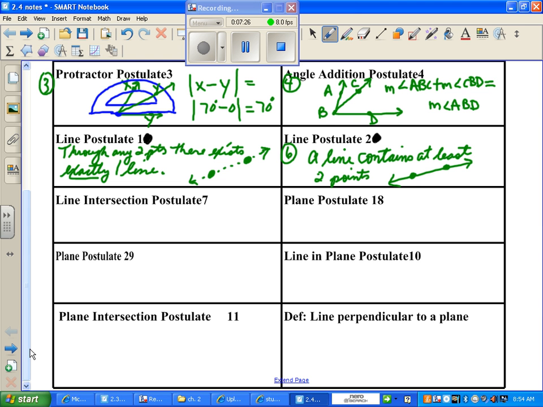Okay, next is postulate number 7. It's the line intersection postulate. It says if 2 lines intersect, then their intersection is exactly 1 point.